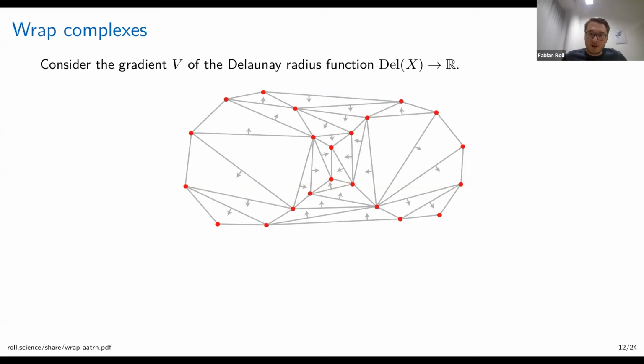Now, if you want a more explicit definition, I will give that now. So imagine you have this point cloud marked in red here, and let V be the gradient of the Delaunay radius function for this point cloud. What you see in the picture is, first of all, the Delaunay triangulation, and also there are small arrows indicating the pairs in this discrete gradient.